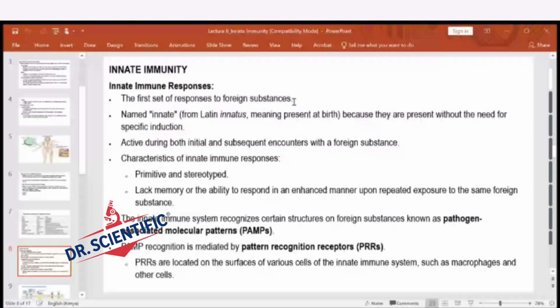But as we were discussing, as much as we are focusing on foreign invasion, the immune system does not necessarily focus only on foreign invasion. It also has to find a way of focusing on itself, because the body is also producing its own self-antigens, which have to be dealt with.